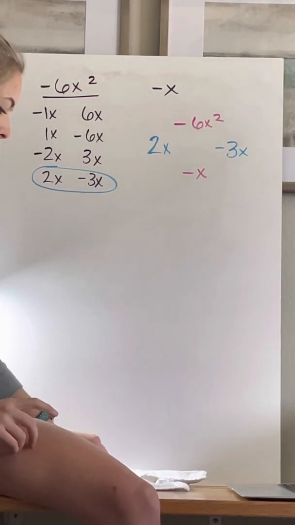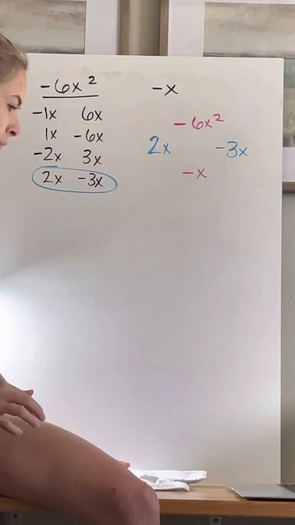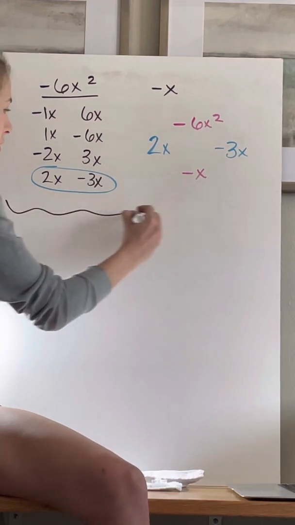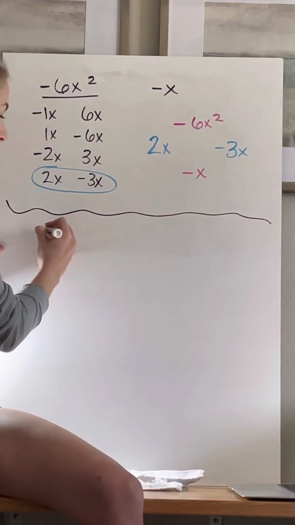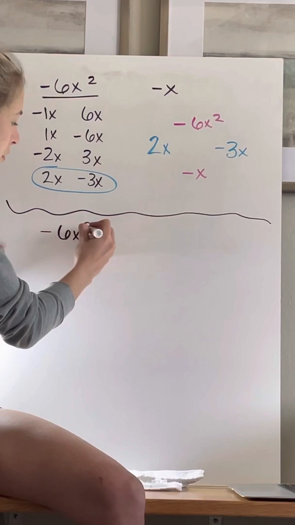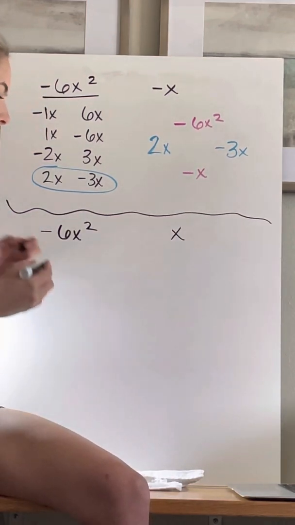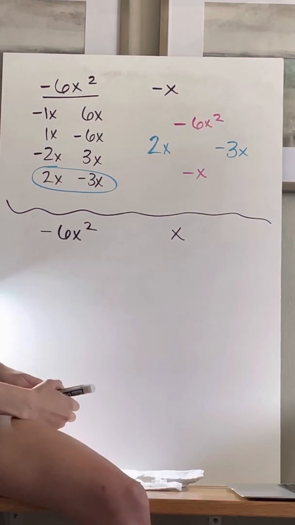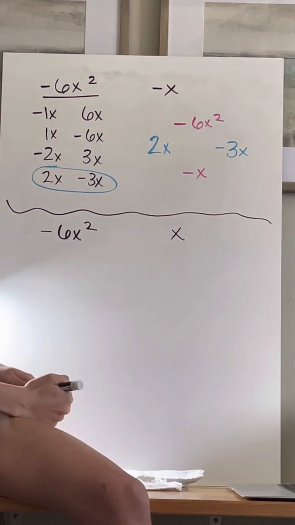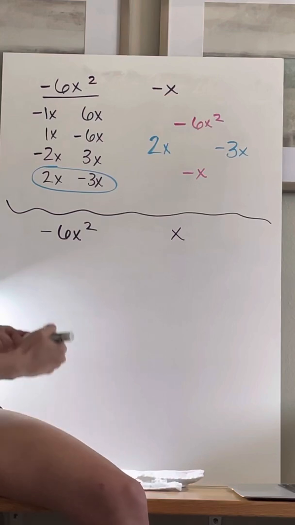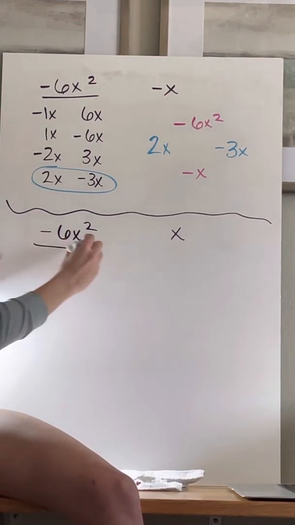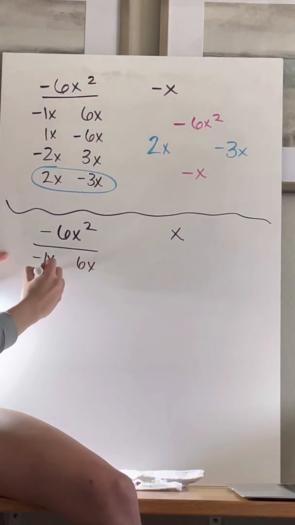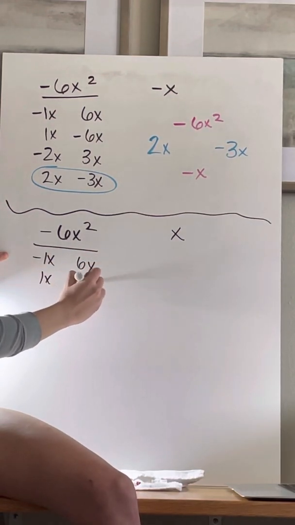Let's look at one more, pretty similar. It's going to look very similar. It's going to be negative 6x squared, and now it's going to be a positive x. So same thing, we can list all of the multiples, but again, this is the same as above, so we're just going to have the same multiples.